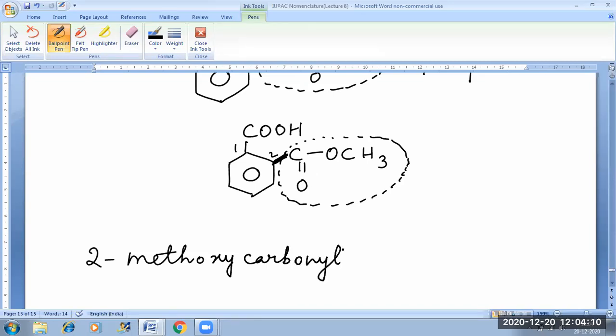This will be the prefix. COOCH3 is called methoxycarbonyl. So 2-methoxycarbonyl, and then you will write benzoic acid.